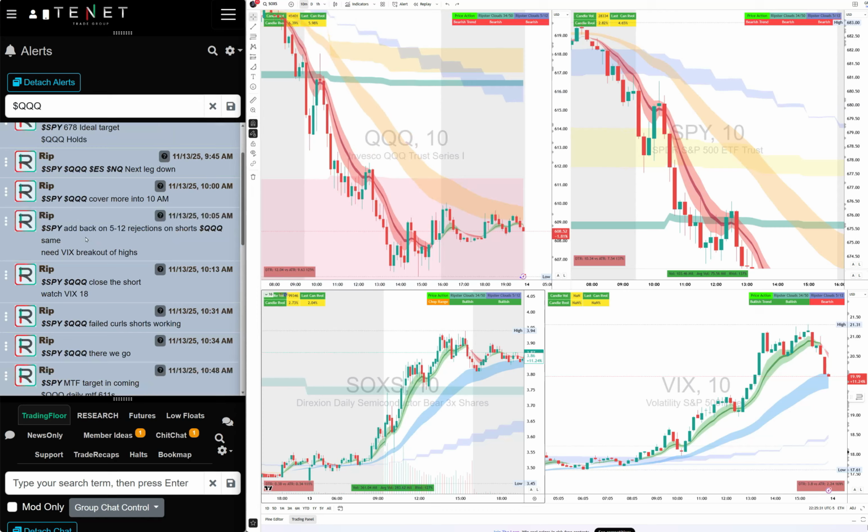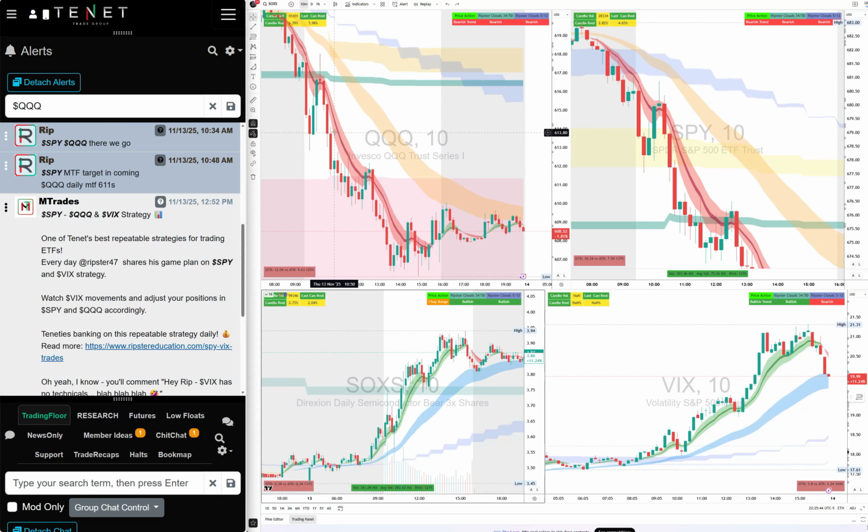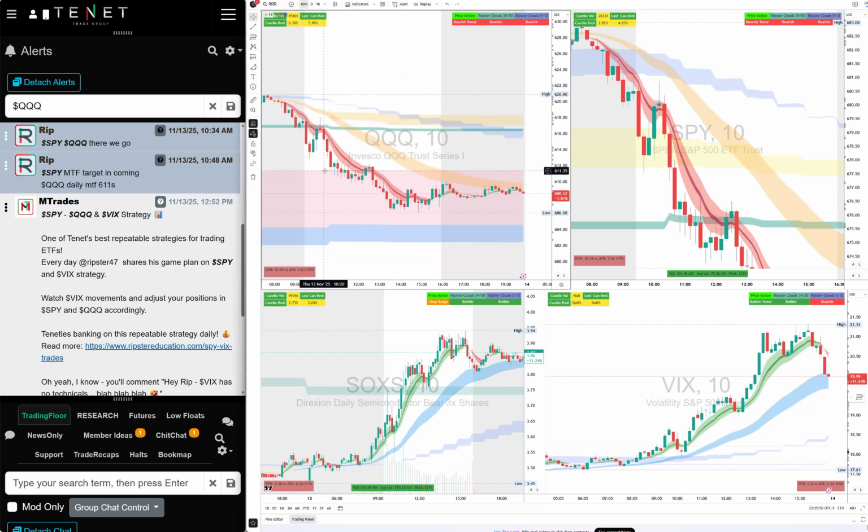We added back on 512 rejections on the shorts on QQQs, right? So that's when we faded, and then our next target was the lower MTFs, and we flushed to the daily 3450.